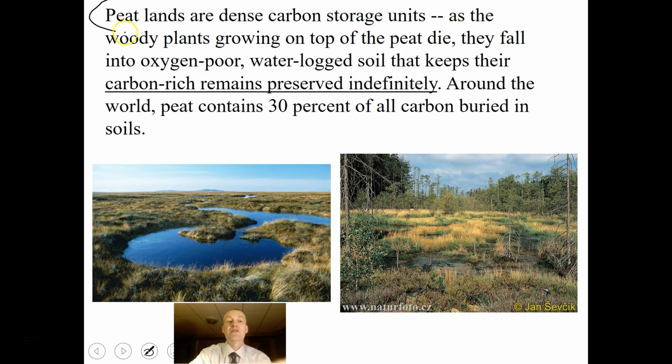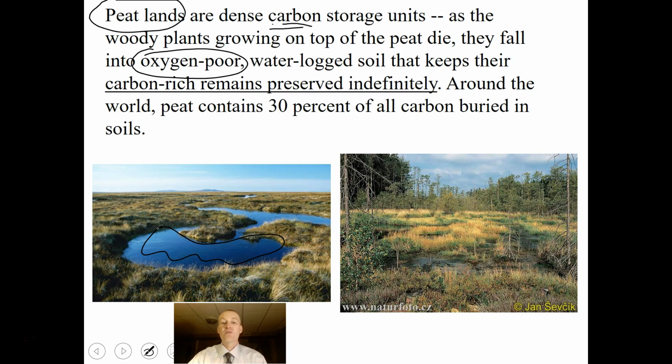So peatlands serve as carbon storage areas. They're what we call carbon sinks. So as the plants undergo photosynthesis and they die, they fall in these peat bogs. They fall into an oxygen poor area. Typically, these peat bogs are very aquatic. There's lots of water there, and when these peat plants die, they store carbon in this waterlogged soil.